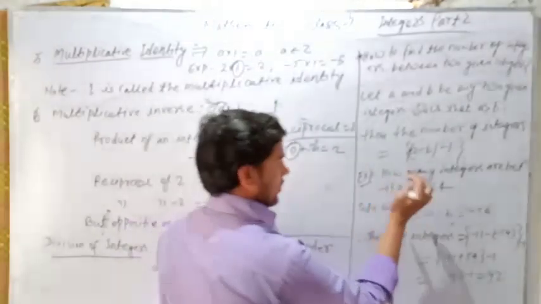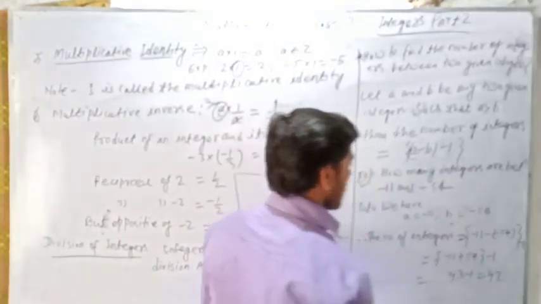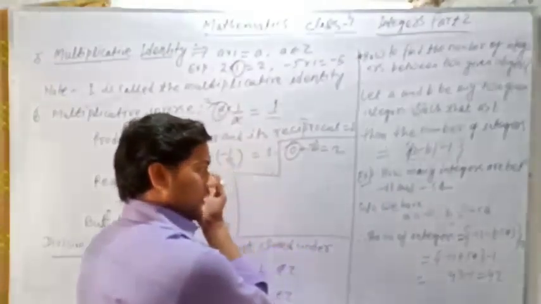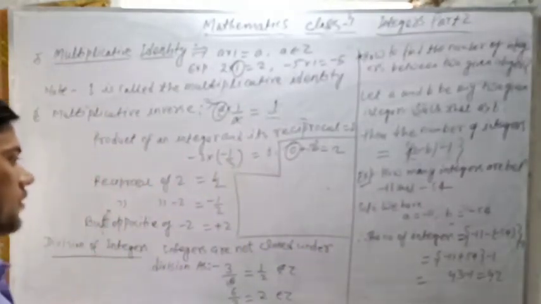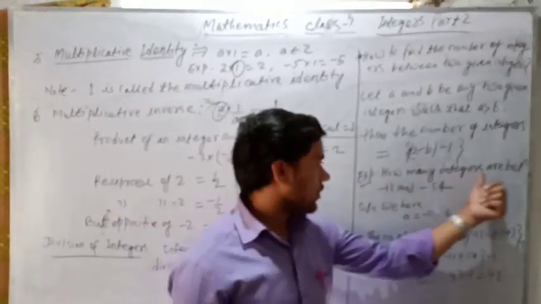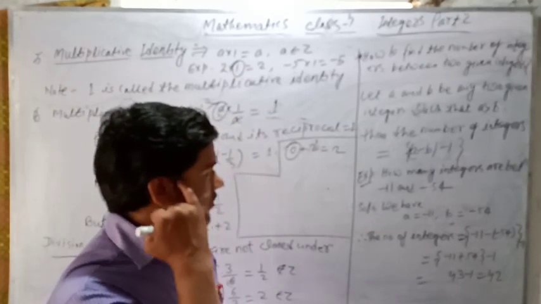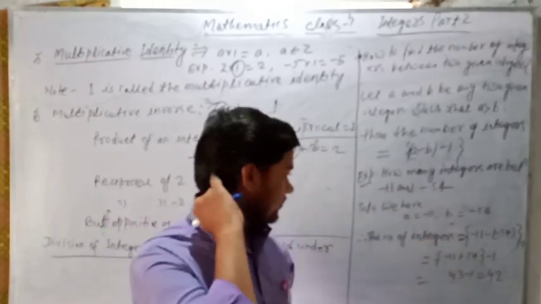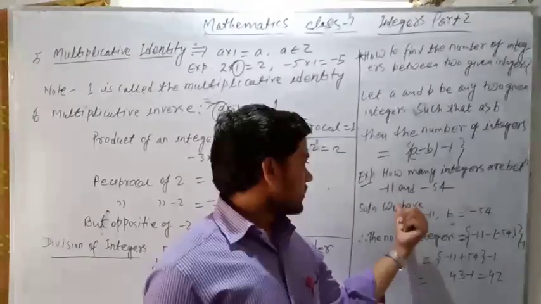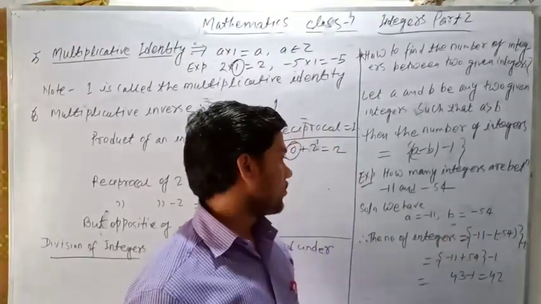For example, how many integers are between minus 11 and minus 54? First of all, we decide which is greater. Here minus 11 is greater than minus 54.